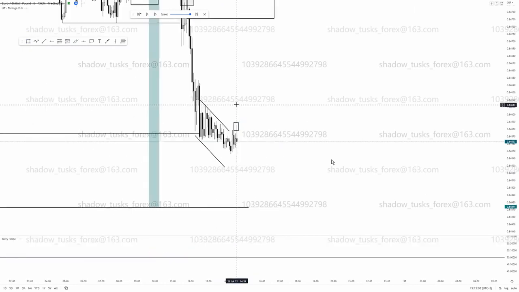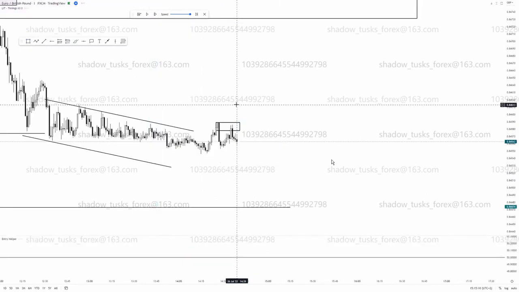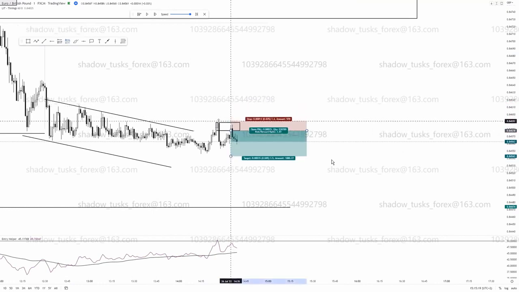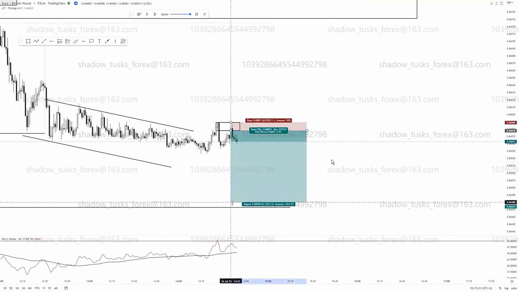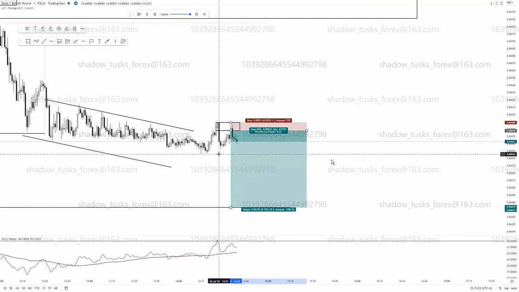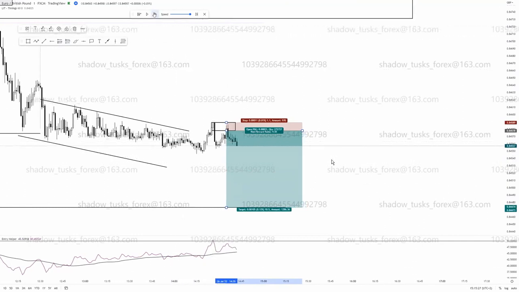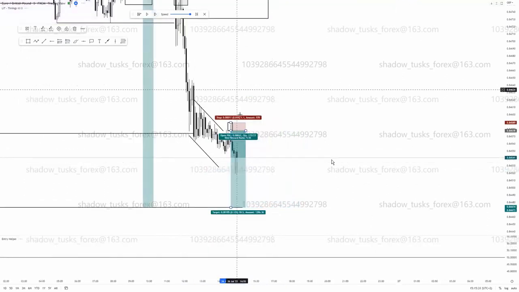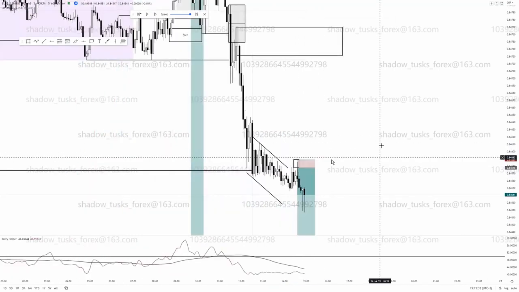Maybe. I mean, in my opinion, this is like forcing a trade a little bit. But if you really wanted to, you could take this and you would break even at this point here. It would have to be a quick break even. But again, that's not really something that I'd personally look to take.